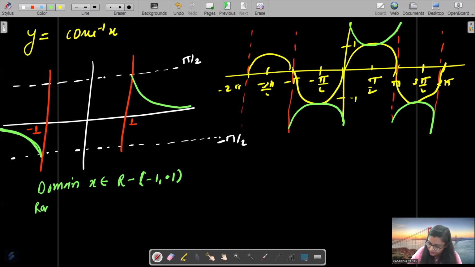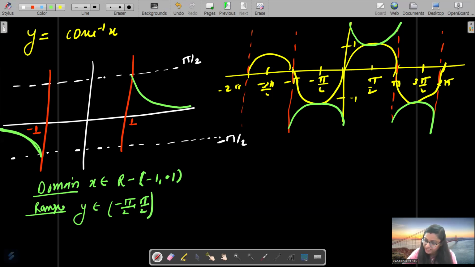Then what about the range? The range y belongs to where our curve lies, between minus pi by 2 to pi by 2, but except the x-axis, that is 0. So this is the domain, range, and the graph of cosec inverse x.